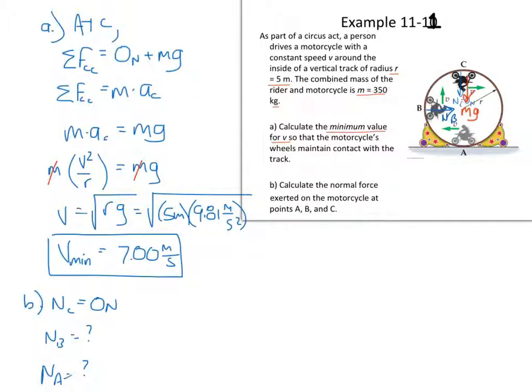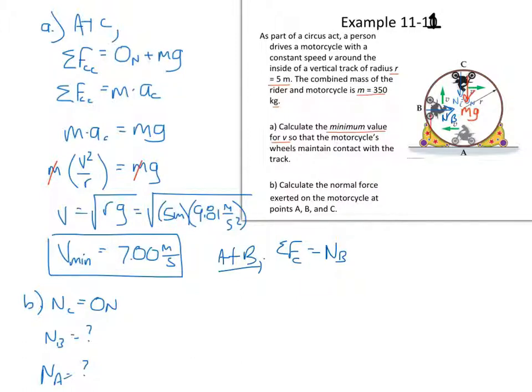All right, so at B, the net force directed centripetally is the normal force, right? The normal force. Is his weight directed centripetally? Is his mg directed towards the center?